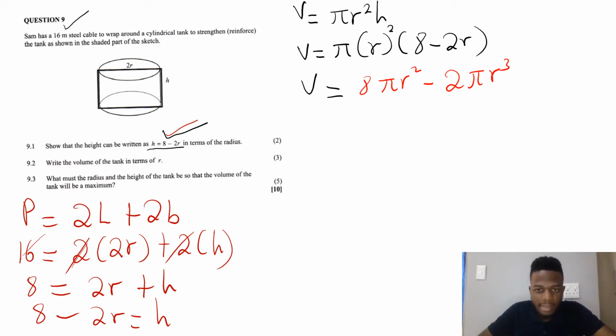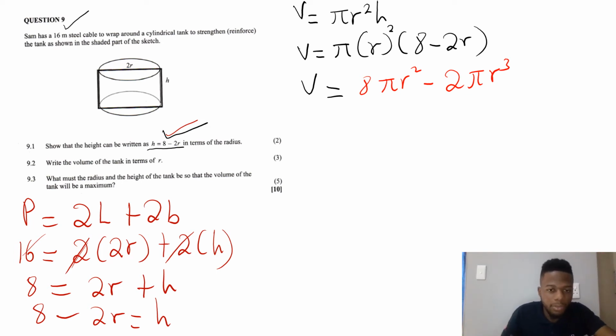So that's the final answer, our volume in terms of r. Okay, so we are done with the first one, and then the last question says, what must the radius and the height of the tank be so that the volume of the tank will be maximum?